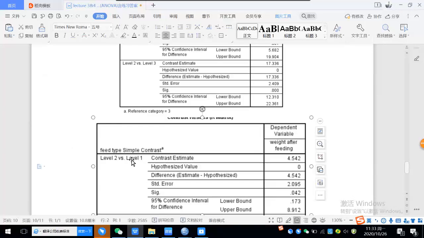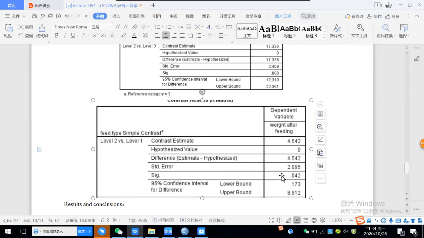The mean difference is 4.542, and the significance is 0.042, which means level 2 is significantly better than level 1, because level 2 minus level 1 is 4.542 and the corresponding significance is 0.042. So 2 is better than 1.